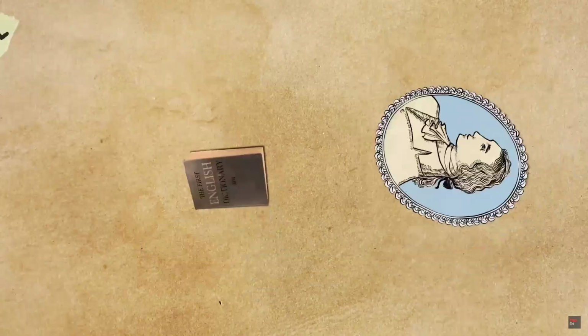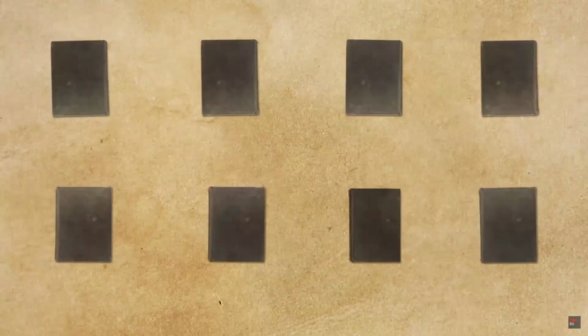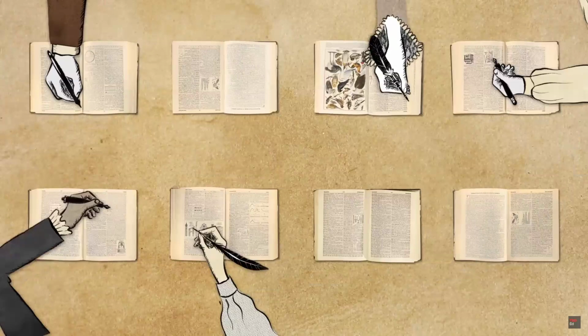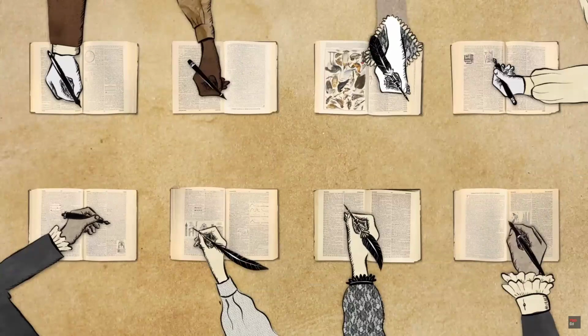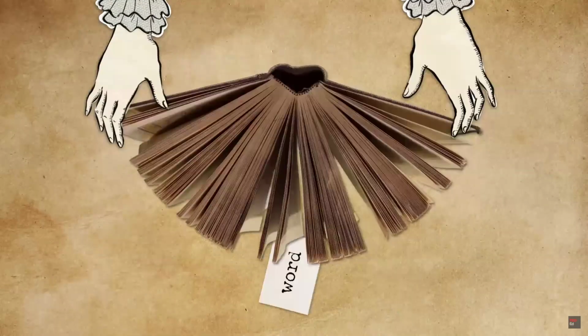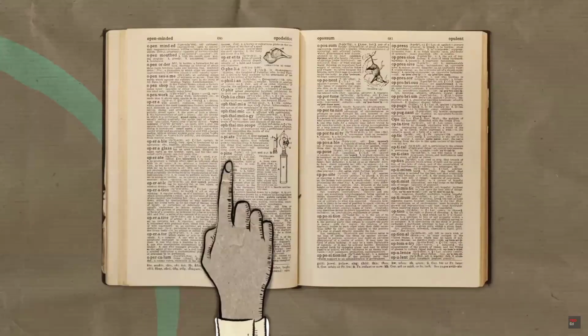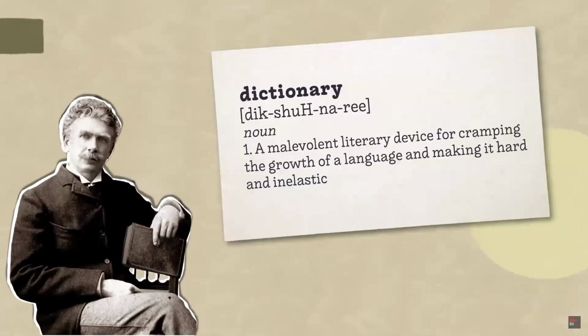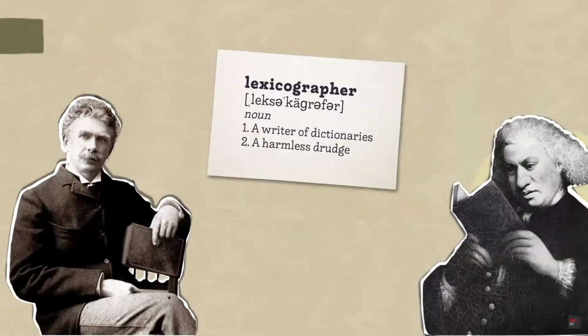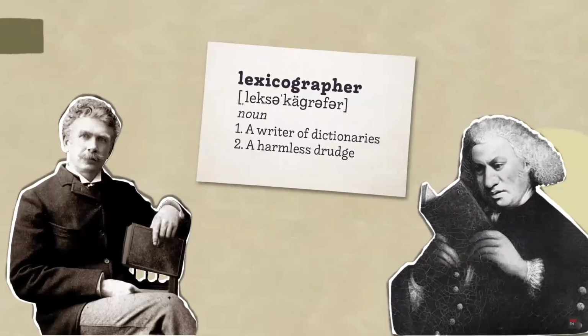In the centuries that followed, many more dictionaries were written by individual authors who chose what to include or exclude. They not only defined words, they openly showcased their creators' opinions, like Ambrose Bierce's definition of dictionary and Samuel Johnson's definition of lexicographer.